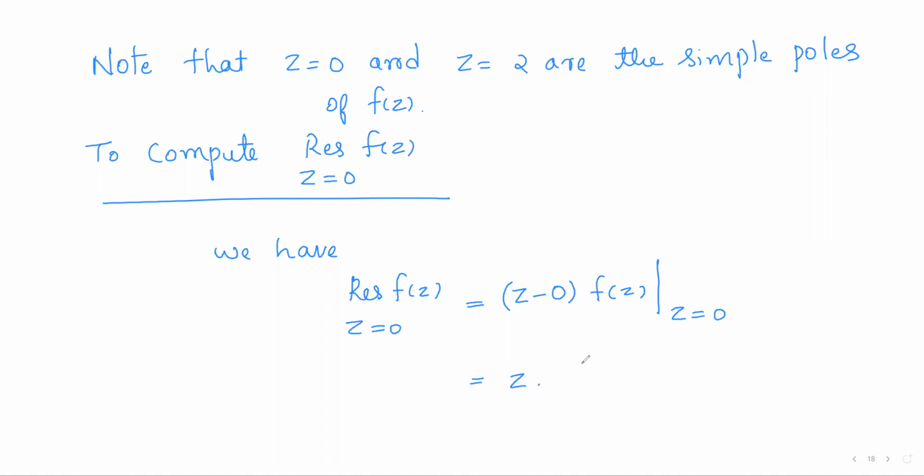So it is z into, what is f of z? It is z plus 1 divided by z square minus 2z at z is equal to 0. So it is z into z plus 1 divided by the denominator, which can be factorized into z into z minus 2, so that z can cancel.